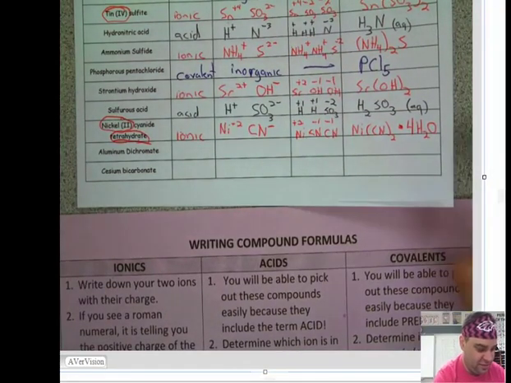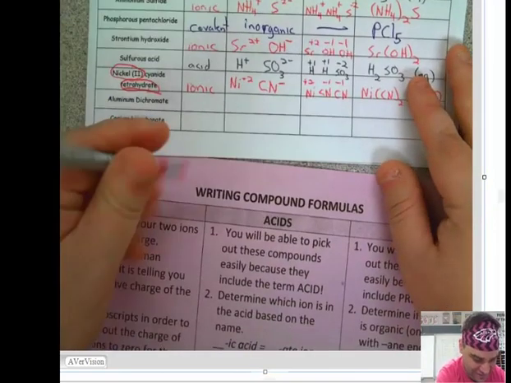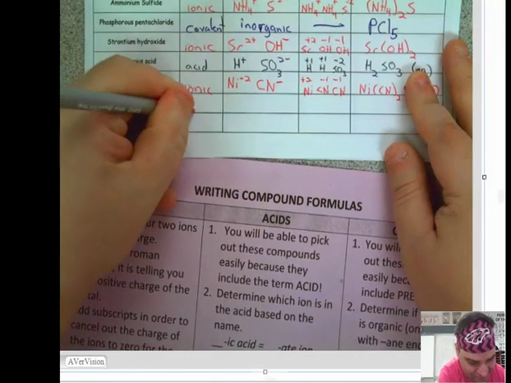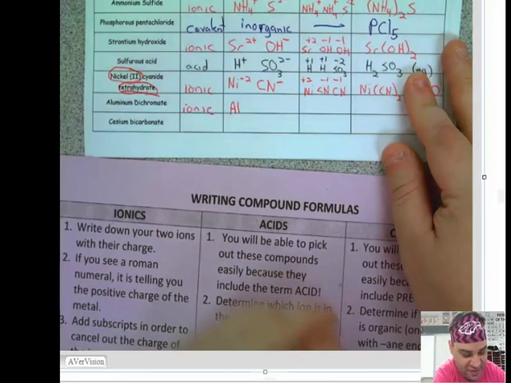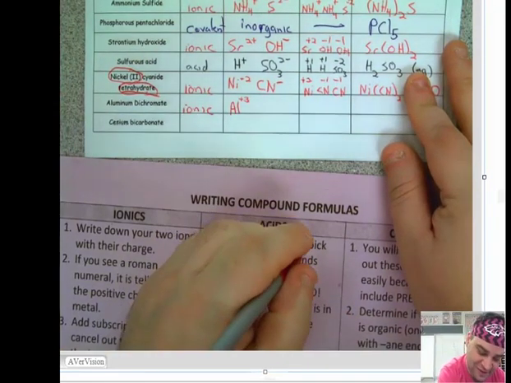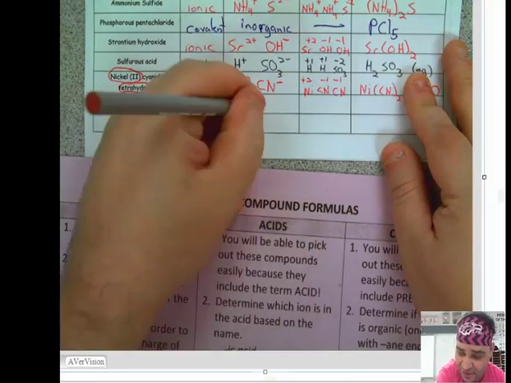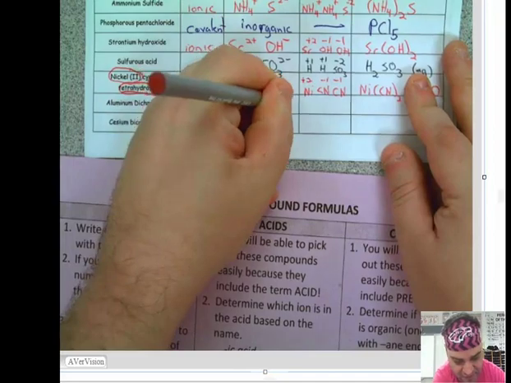Okay, aluminum dichromate. Hey, guess what? Aluminum is a metal, so this is ionic. So aluminum is Al. It's in group 3, so it is +3. Chromate, dichromate. Ooh, dichromate. They almost caught me there. Almost. Not quite. Cr2O7 2-.